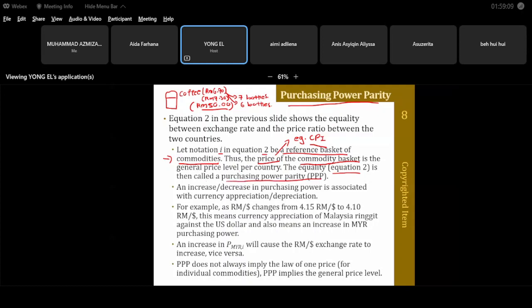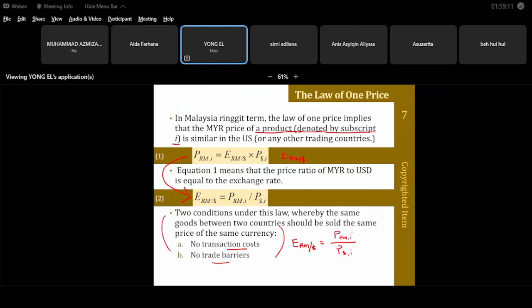You can think of these equations right here. Now, I no longer refers to one commodity. I here refers to a commodity basket. For example, I is equal to Malaysia, US. Ringgit for Malaysia, dollar for US. This is the price level for the commodity basket in Malaysia.